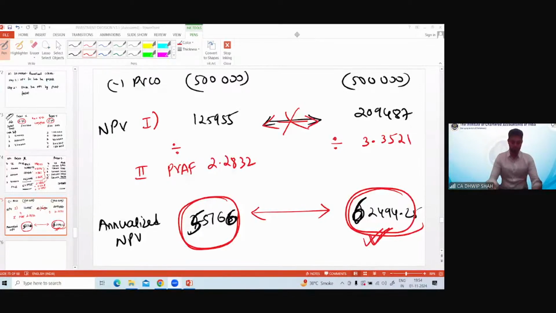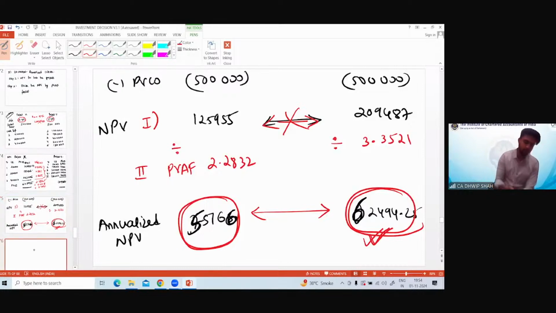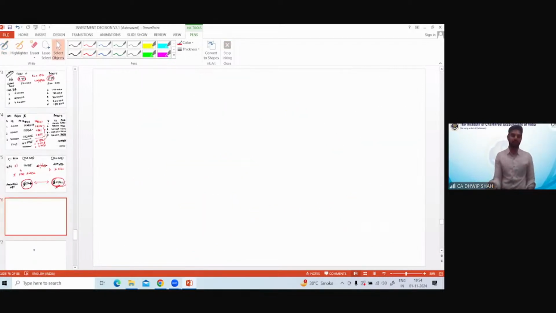Again, please, just by calculating simple NPV, don't make any decision. You need to make the projects comparable, and to make them comparable, use the two methods, replacement chain or equivalent annualized.